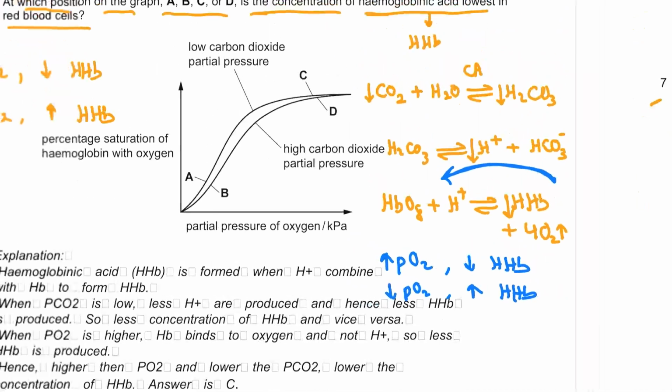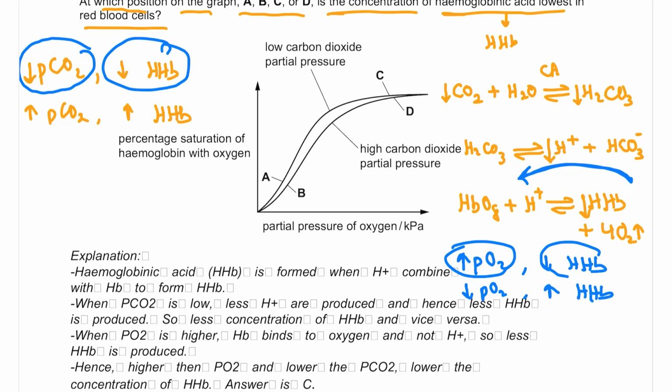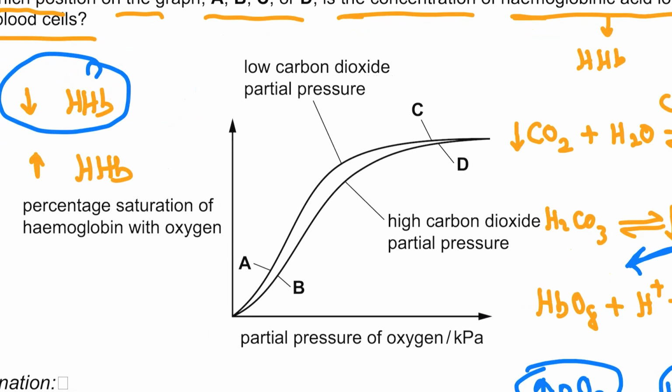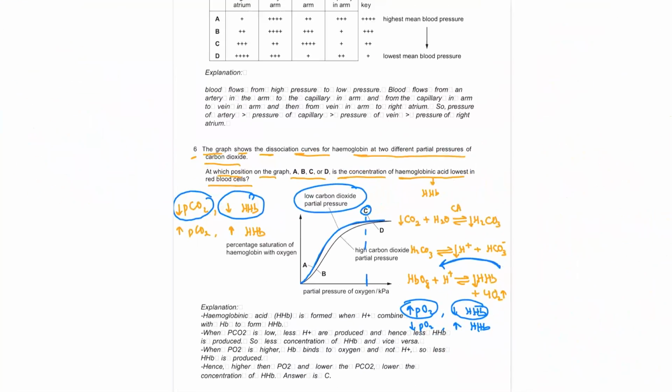So we have to select a point where HHb is lowest. So for HHb to be lowest, partial pressure of carbon dioxide should be low, and partial pressure of oxygen should be high. So where is the partial pressure of carbon dioxide lower? On which curve? On the curve that is on the left side. This is the curve where partial pressure of carbon dioxide is low, and C is the point where partial pressure of oxygen is highest. So the answer is C.